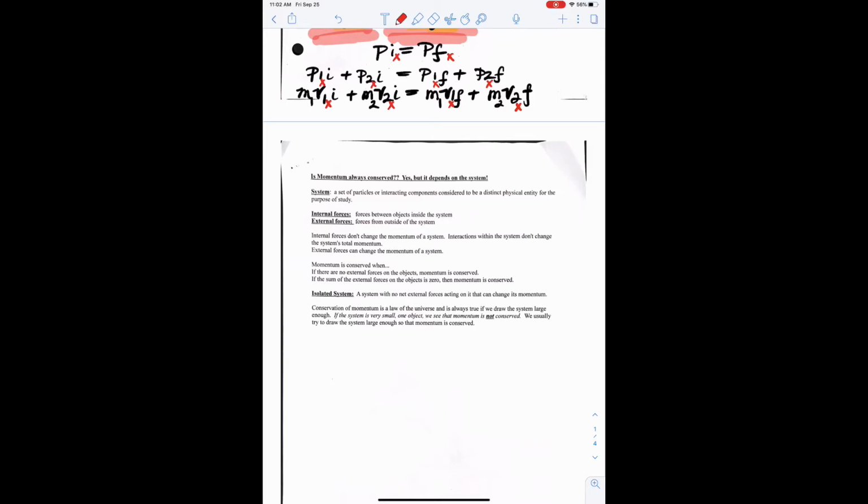And that's kind of a tricky idea. You're like, wait, momentum's always conserved. And it is, but you have to understand what they're getting at there. And that's the idea of systems, meaning momentum is conserved if you make the system large enough. If the system is too small, you will see momentum not being conserved. And I'm going to prove that with the examples down here.